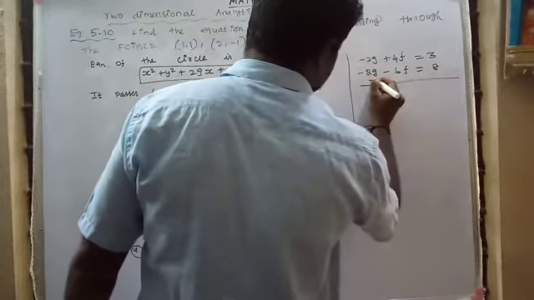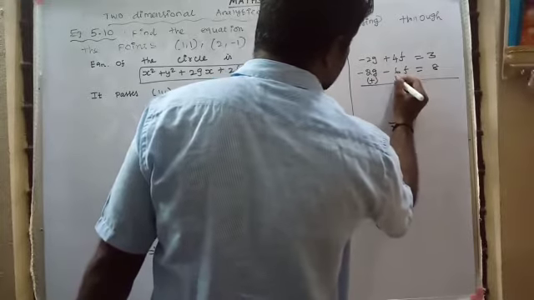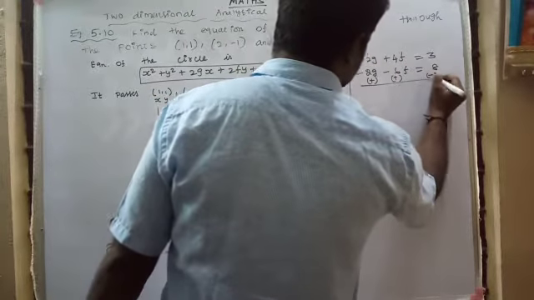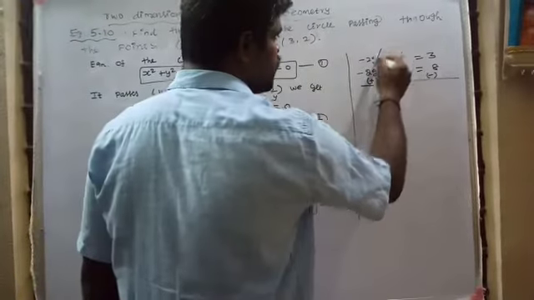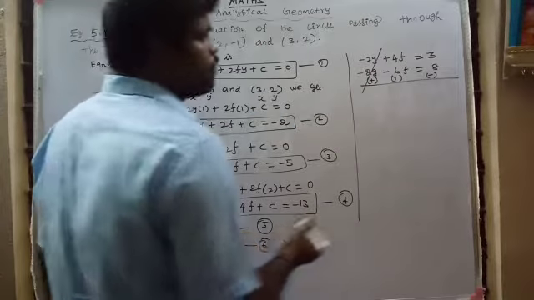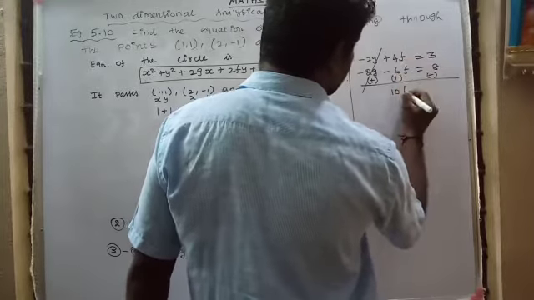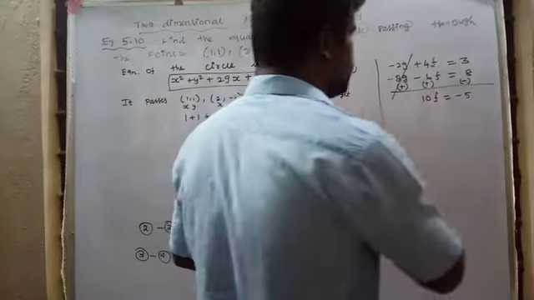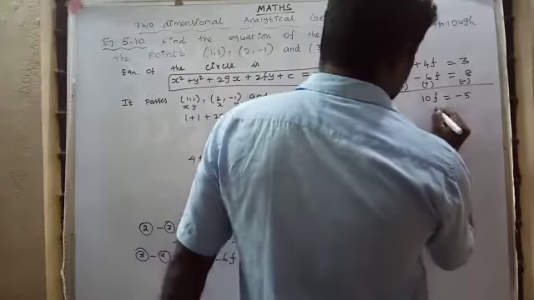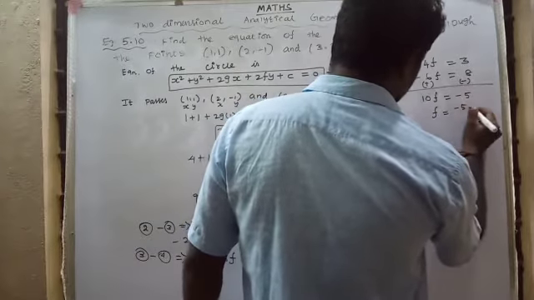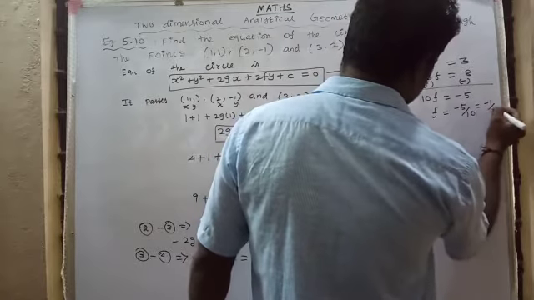Now subtract: the signs are plus and plus and this is minus. What is the value here? Cancel 2g and this is plus 10f. Here 10f is equal to minus 5, and f is equal to minus 5 by 10, which is minus 1 by 2.